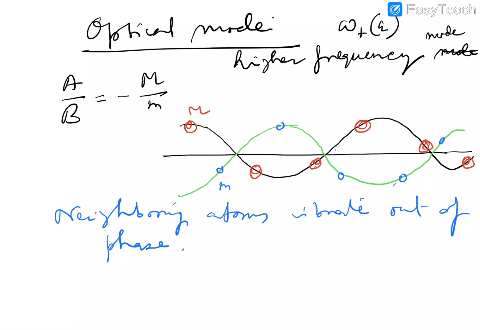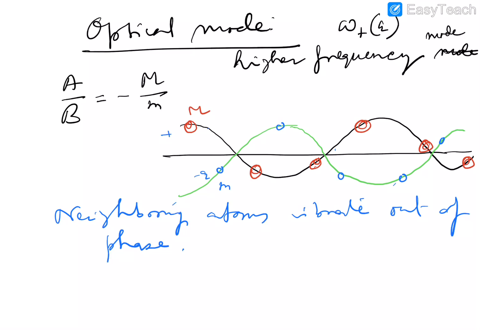Why are they called optical modes? Because if the red atom and the blue atoms carry opposite charge, let's say plus and minus q, then these kinds of oscillations can be excited by the electric field of a light wave.